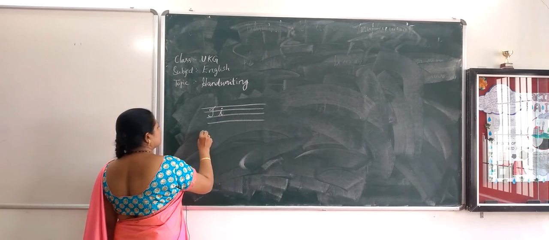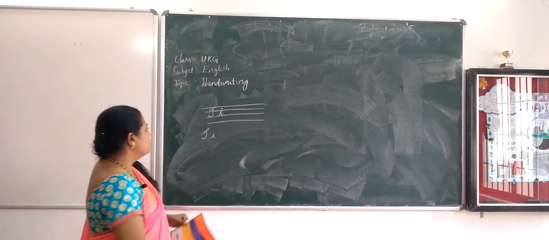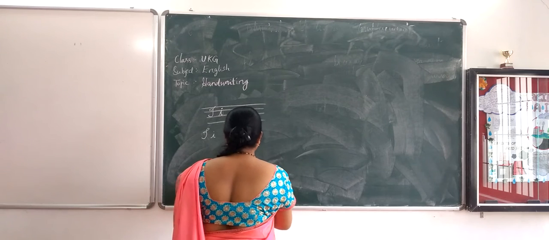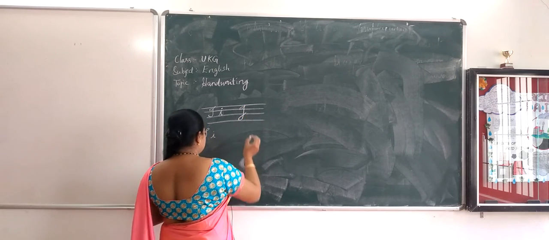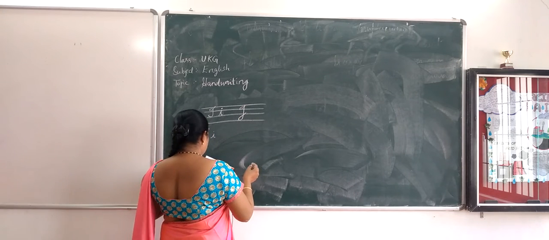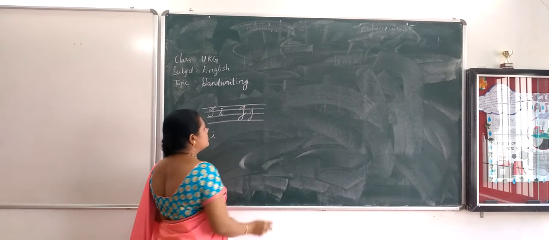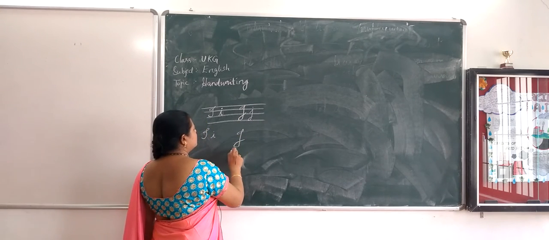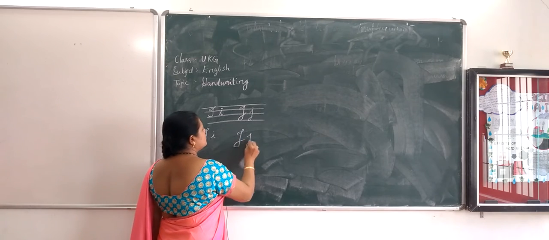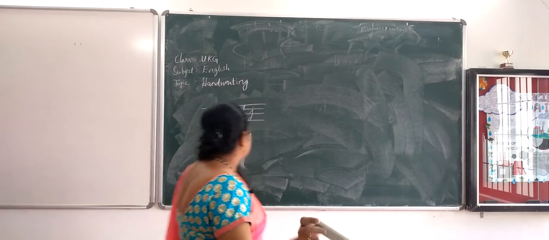Okay, see, this is how you write capital I and small i. J. See the J, it should touch the fourth line. See, this is J. Okay, see, this is small j. It is having a big tail here. Small j.